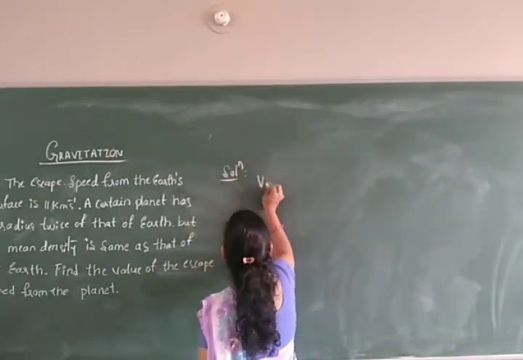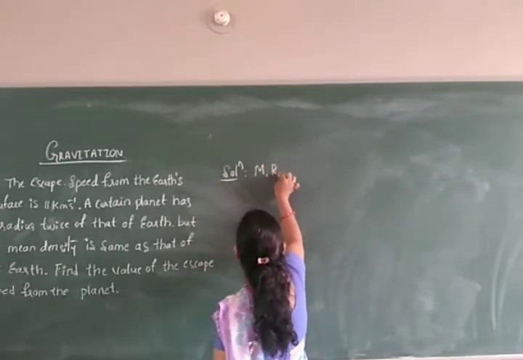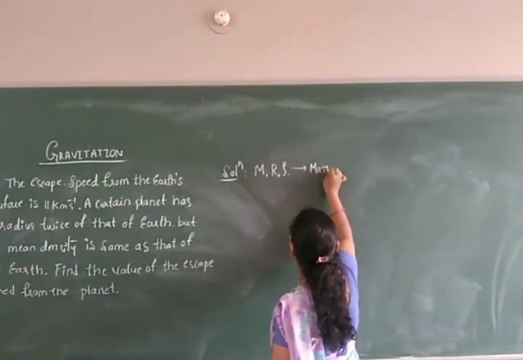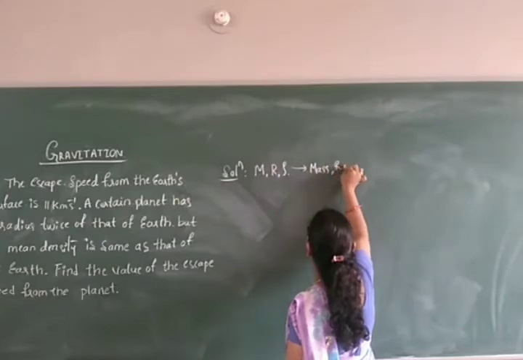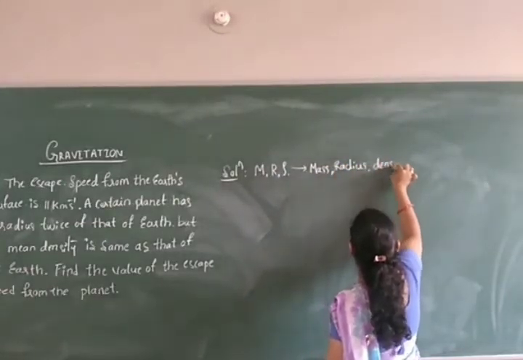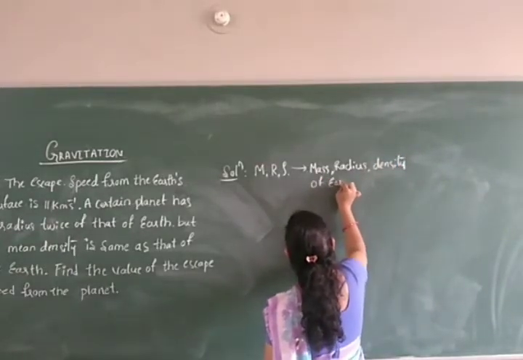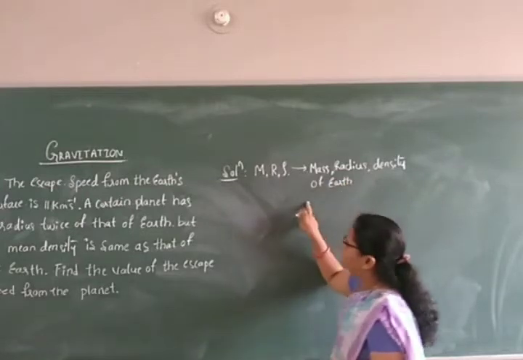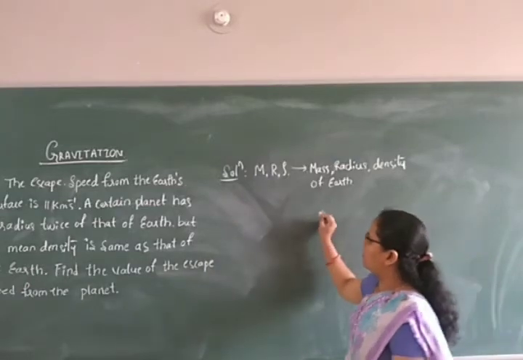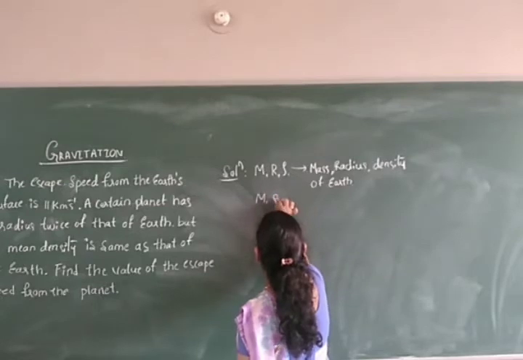On the surface of the earth, let us see, let mass capital M and R be the mass, radius and density of the earth. What they have given is that the density of the earth is the same as the density of the planet. The planet also has corresponding values of mass, radius and density.